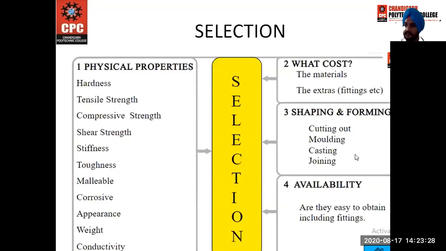What is the cost of the material, their fitting cost, their availability in the market, and their shaping and forming. What is their behavior under cutting and different operations? If you are cutting a material, what is the behavior of the material? Their cutting, their molding process during casting. So these all are different selection factors that affect the selection of the material.